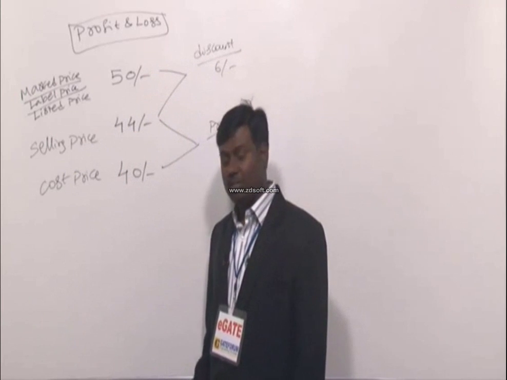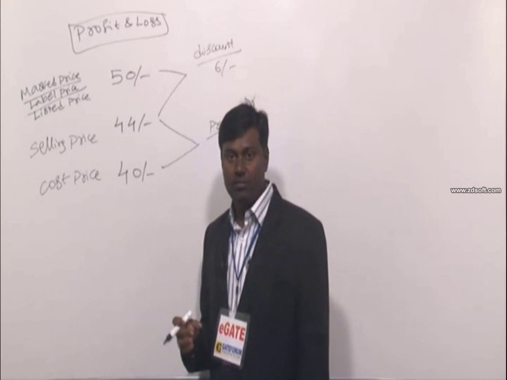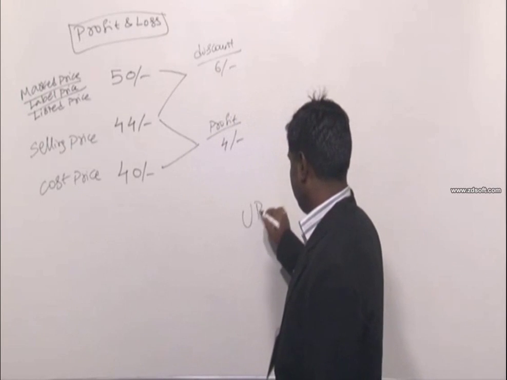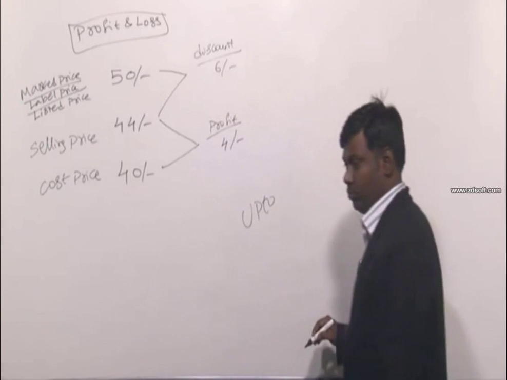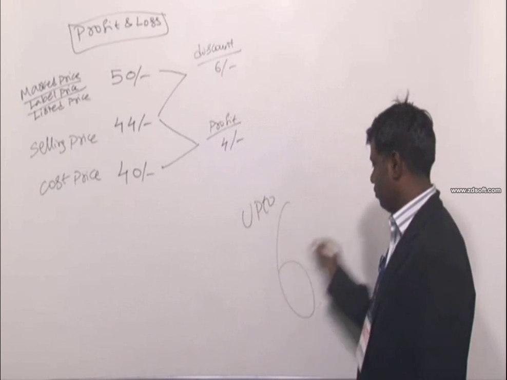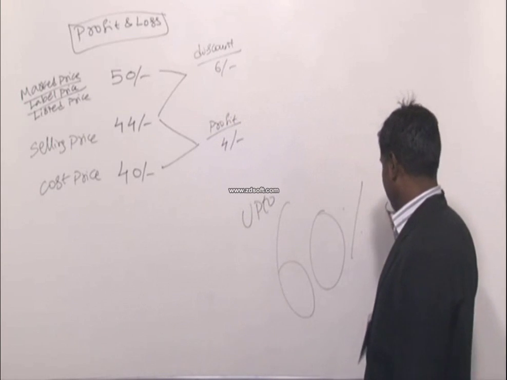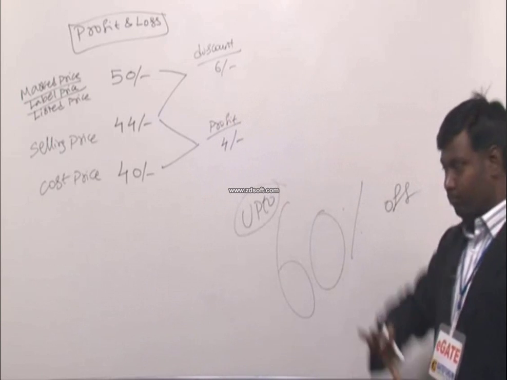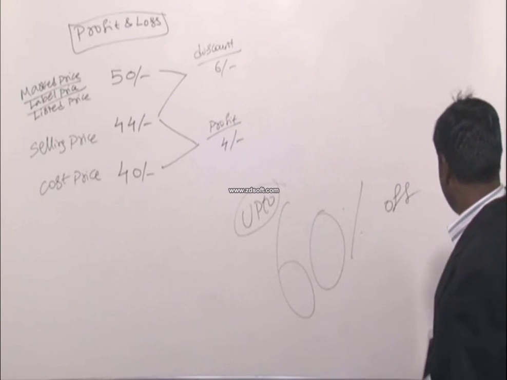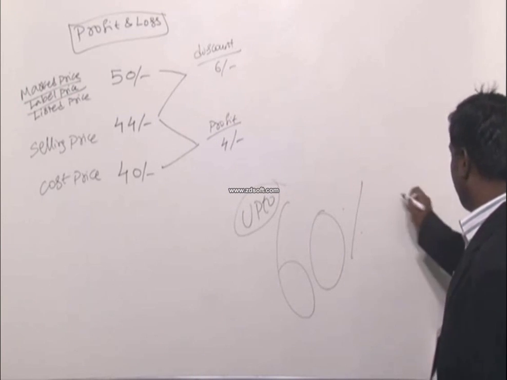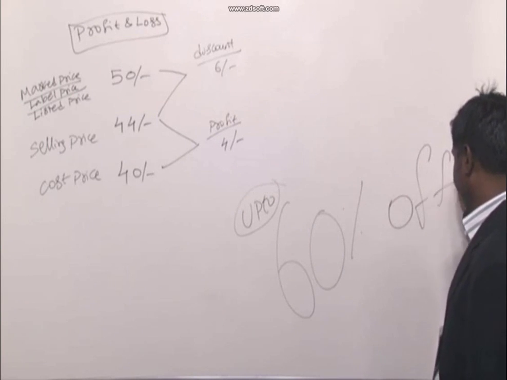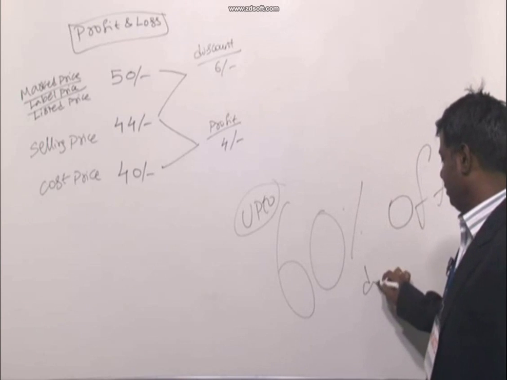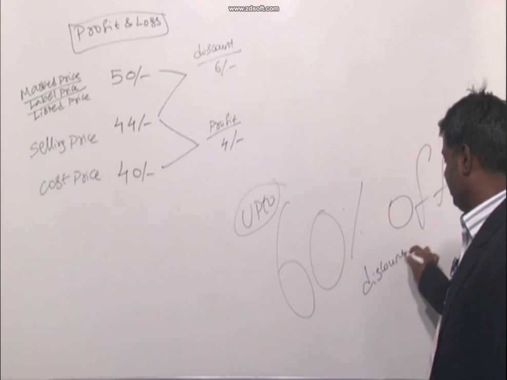You will always come across 20% off, 40% off, up to 60% off. You usually don't find the price in bold letters, whereas you find 60% off in bold letters. By the way, what is the 60% off? It is nothing but discount percentage.